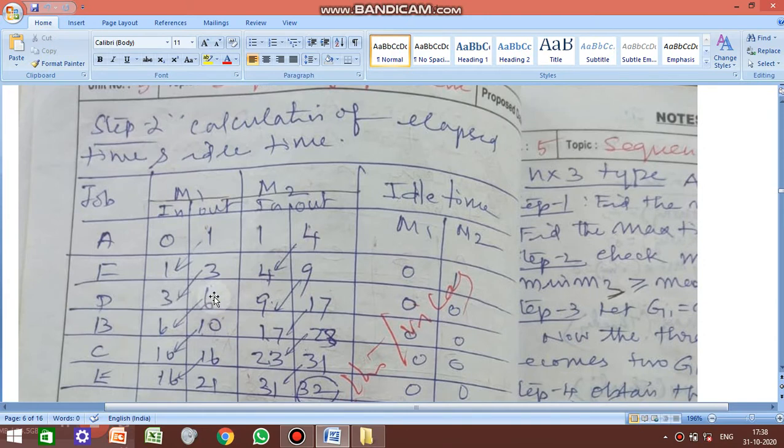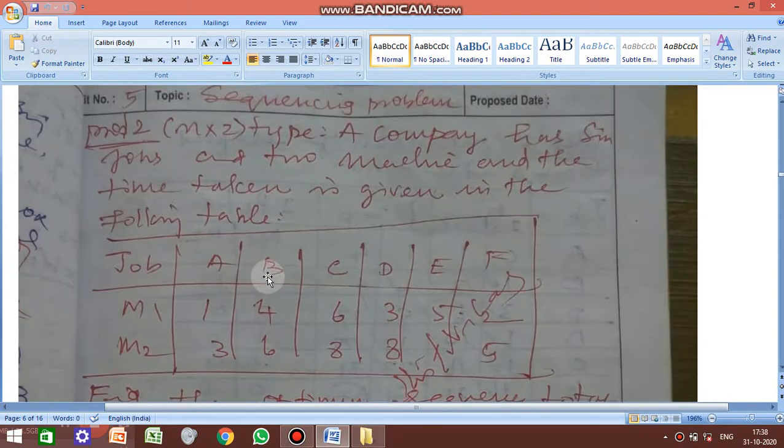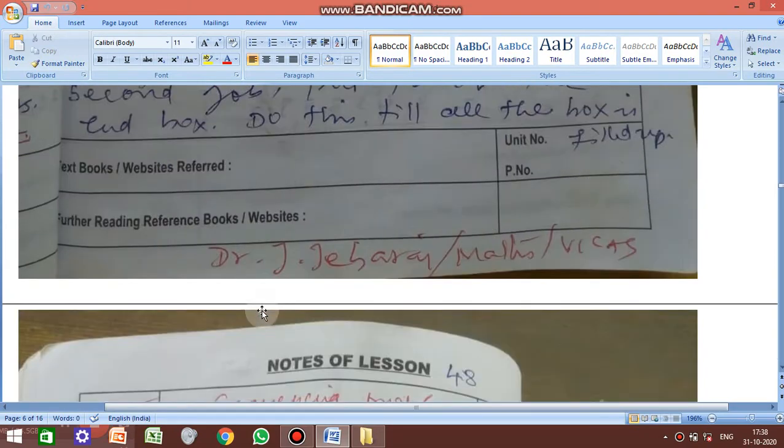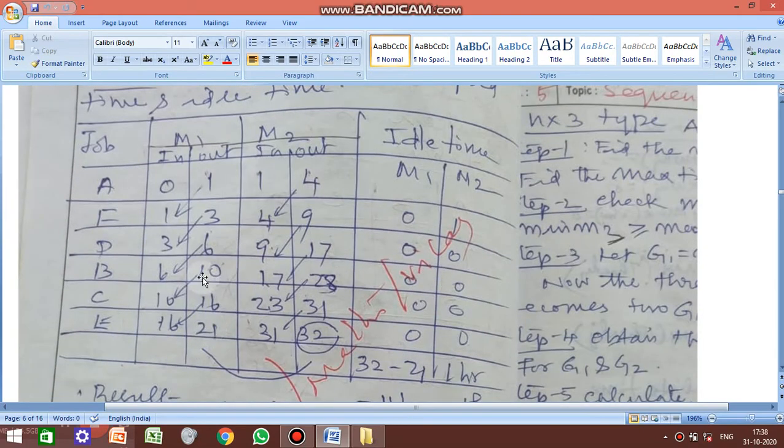Now this out time becomes the in time for B. So 6 units comes here, and how much does B take on machine 1? It is 4 units. So we add 4 units with this, and you will get 10 units here.